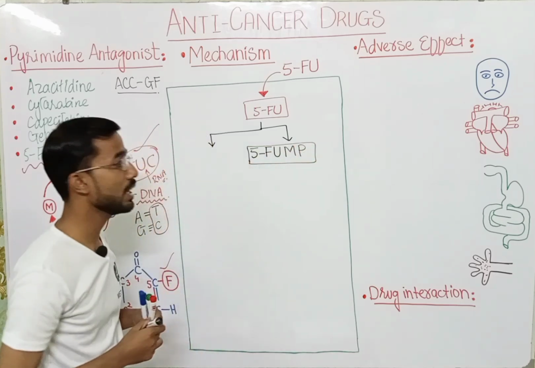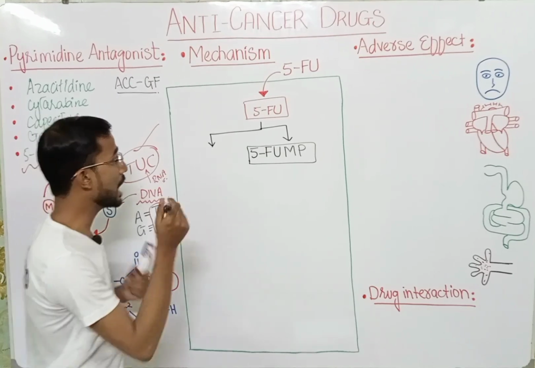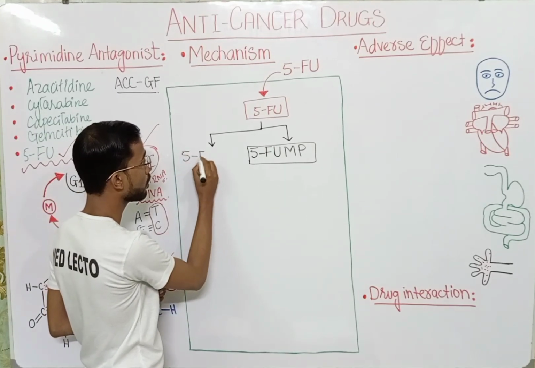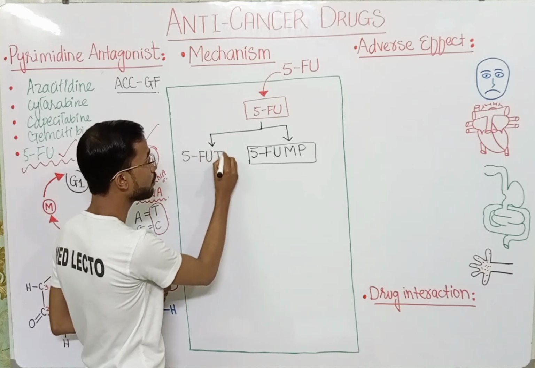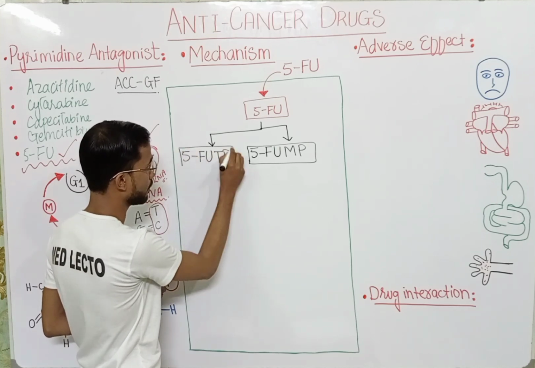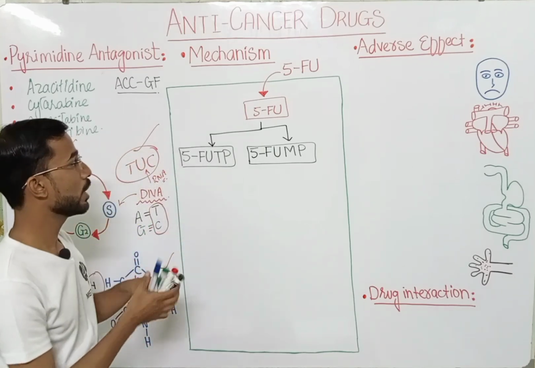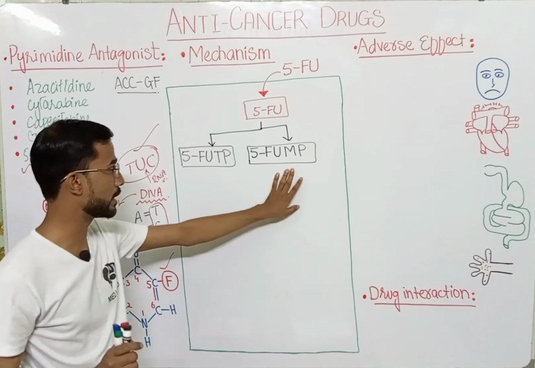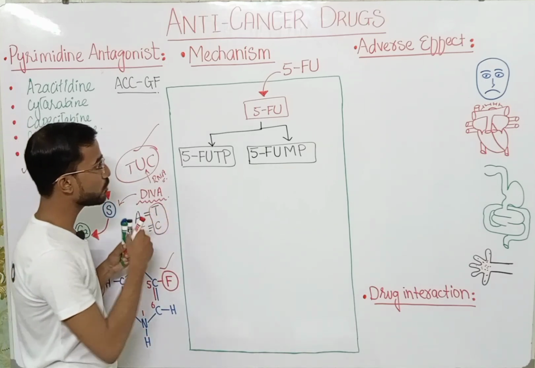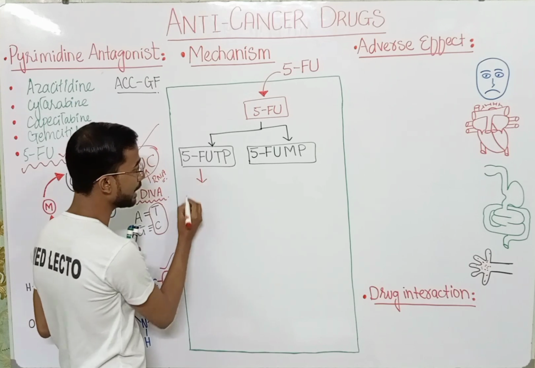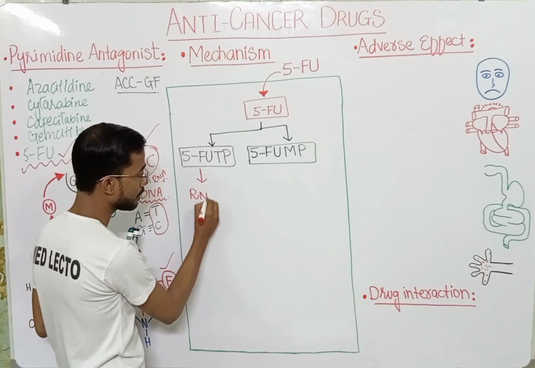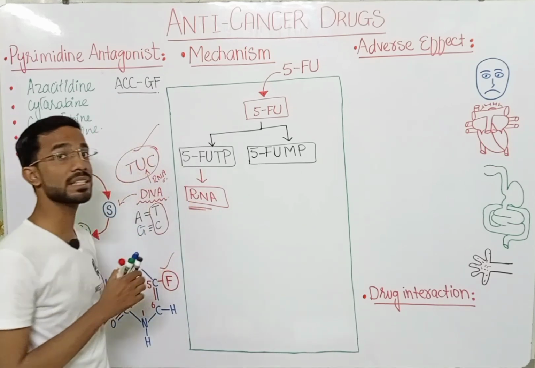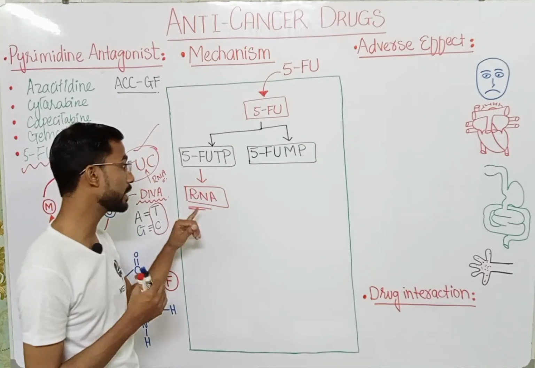Second, it can also convert into 5-fluorouracil triphosphate, which has 3 phosphates, while the monophosphate has 1 phosphate. It will combine into the RNA, and when it does, it will disturb the function or destroy the RNA.